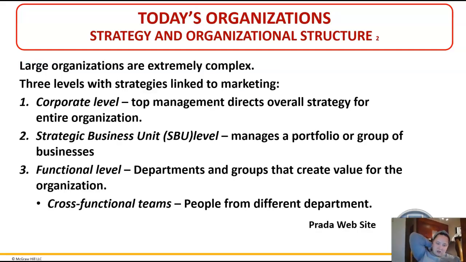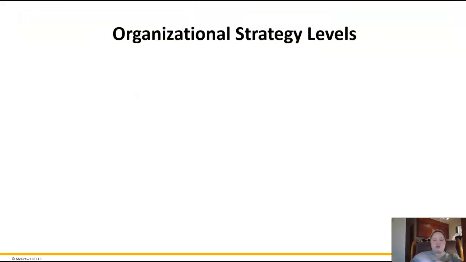So there are 3 levels-ish. I'm going to extend it to 4 in an organization that really are linked to marketing. And so you can read here what those are, but then I'm going to go through these organizational strategy levels.